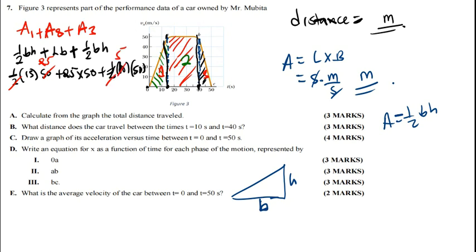So what we have is 15 times 25, so I'm getting 375, plus 50 times 25, I'm getting 1250, plus 5 times 50, I'm getting 250.